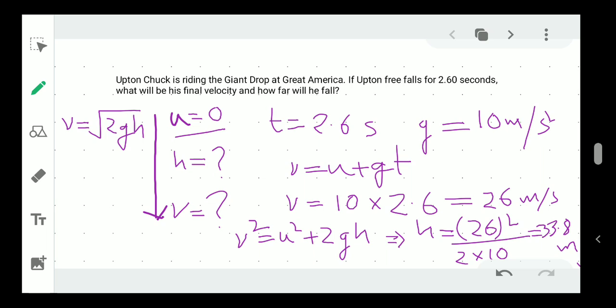This is the velocity just before touching the ground when something is free falling from a height h. And the time you can find from this formula as well.